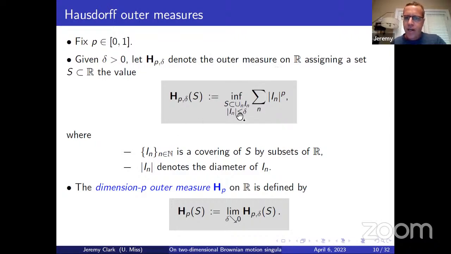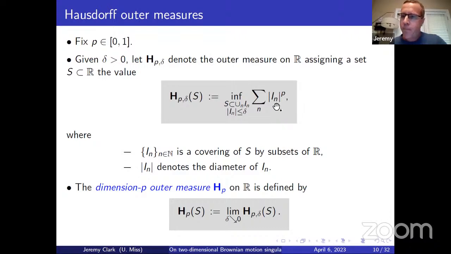It's defined as an infimum over all coverings of the set by sets that have diameter less than delta, and then you sum up the diameter of the sets raised to the power p.